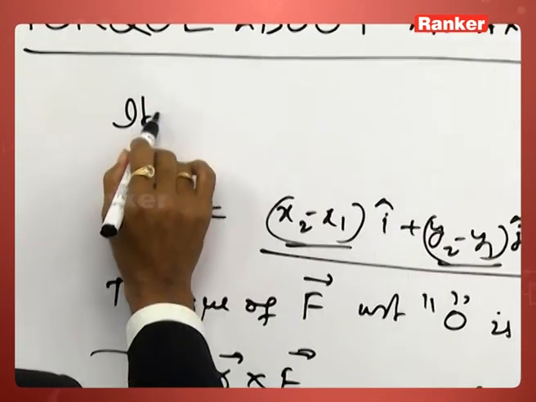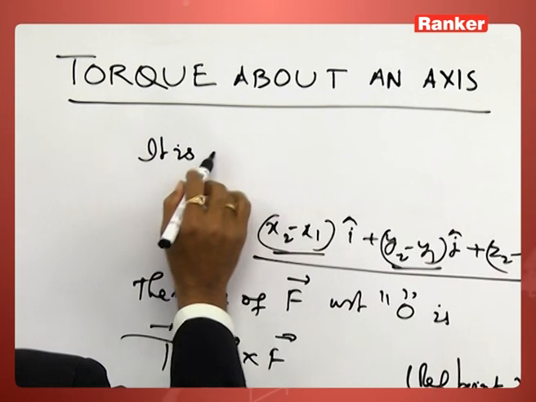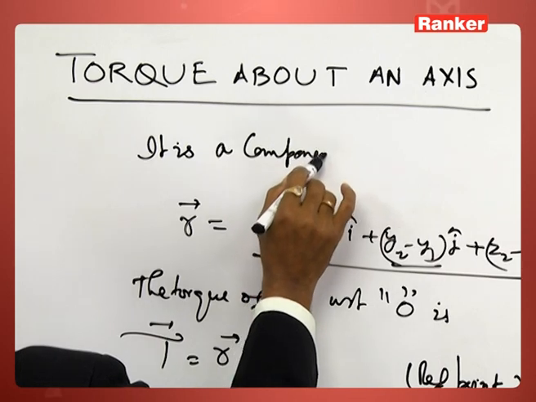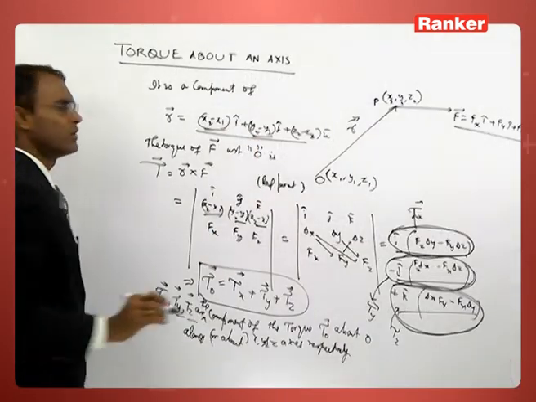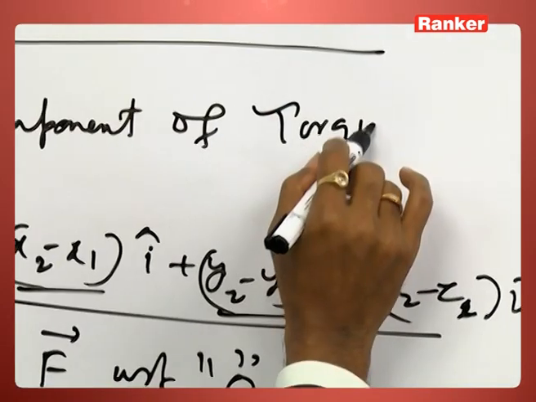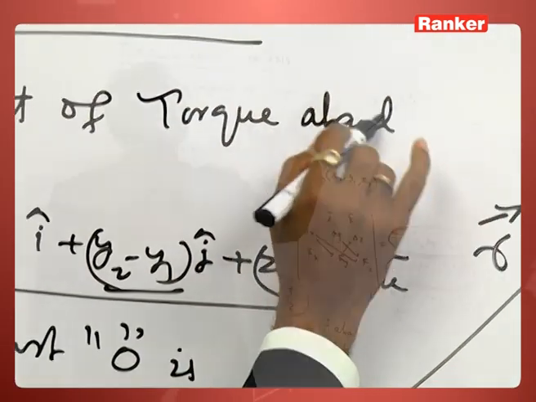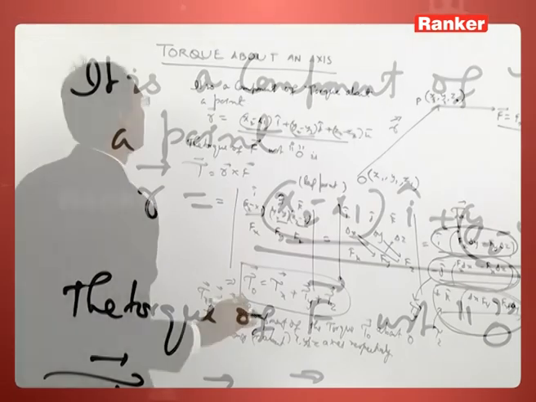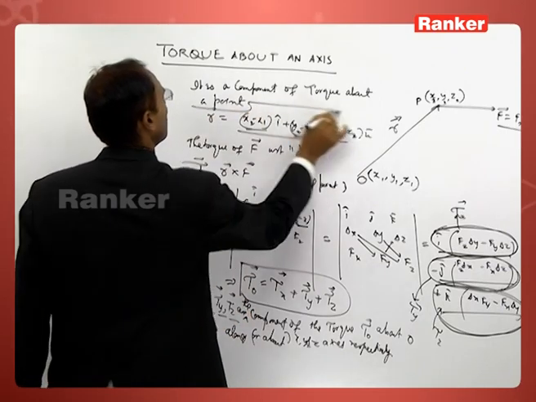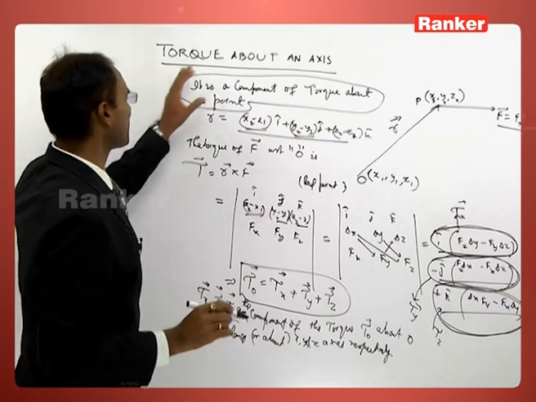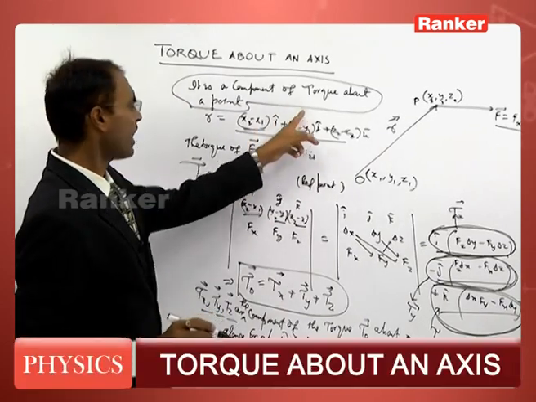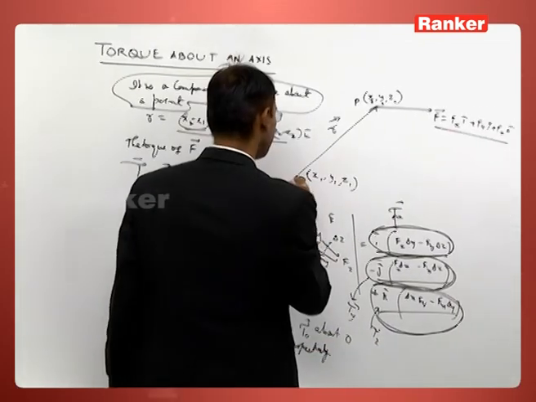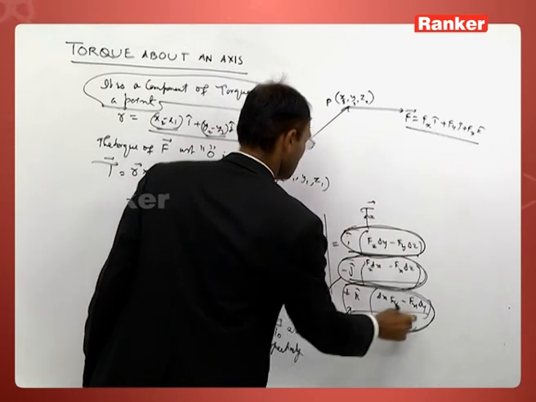is a component of torque about a point. Torque about an axis may be a component of a torque about a point. Torque about this point has three components.